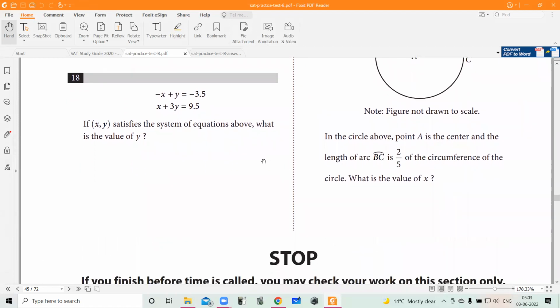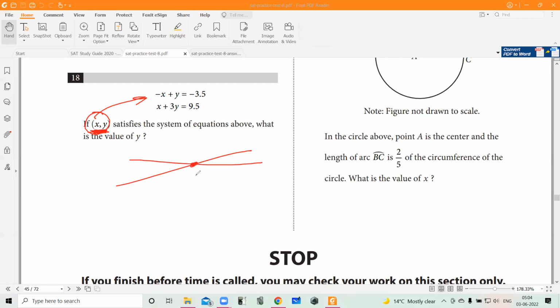18. If (x, y) satisfies the system of equations below, what is the value of y? What do you mean by (x, y) satisfies the system of equations above? This (x, y) is a point, and those numbers fit into the equations. Exactly.